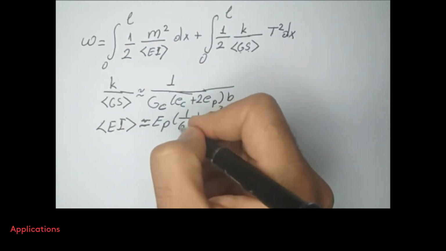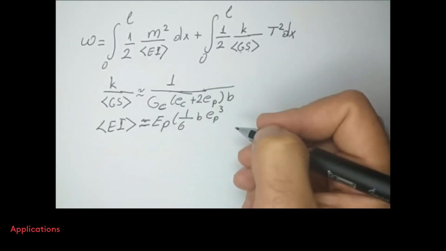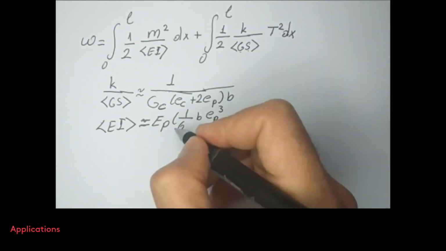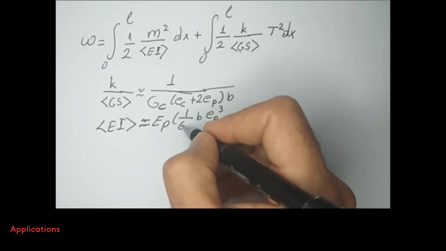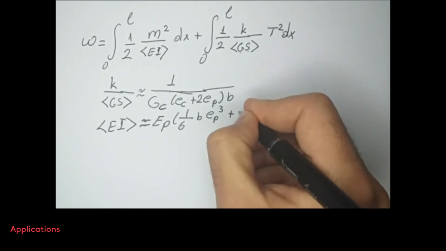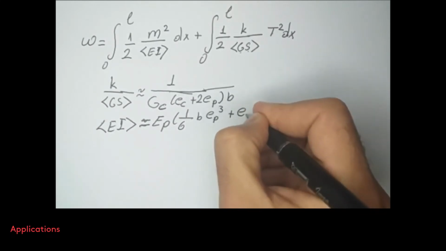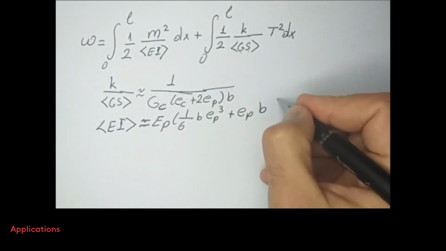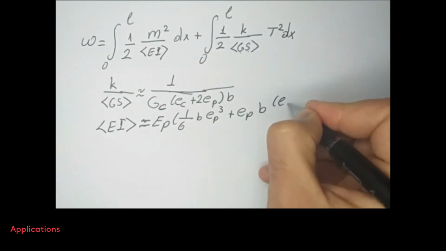So basically this is 2 multiplied by 1 over 12 plus EP multiplied by B multiplied by EC plus EP square divided by 2.